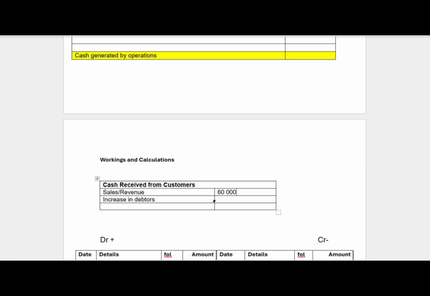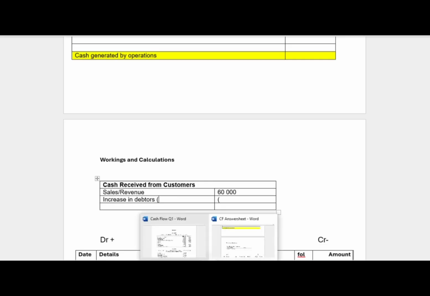All right, and then we are going to take out the increase in debtors. So we're just going to check from the previous year to the current year, right?